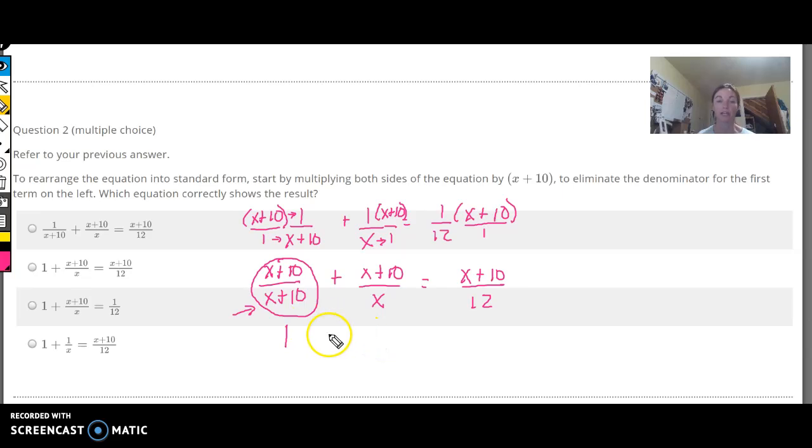So now I have 1 plus x plus 10 over x equals x plus 10 over 12. Okay, so it looks like that is this one.